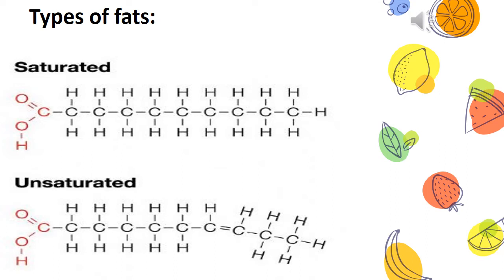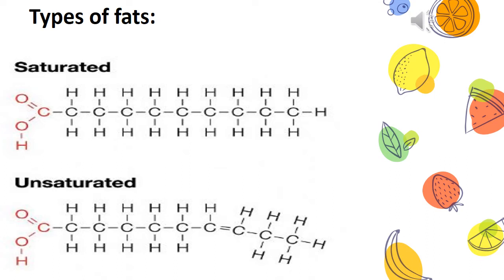If you see the second structure, unsaturated fats, again we have a long chain of hydrocarbon where at one place you can see two lines, that is the double bond between the carbon atoms. So this bond, single or double, classifies them into saturated fats and unsaturated fats.